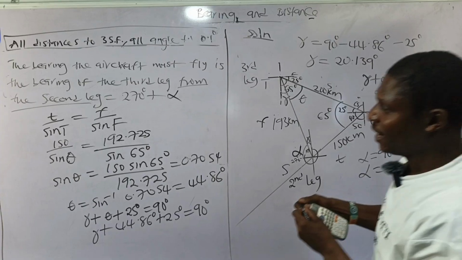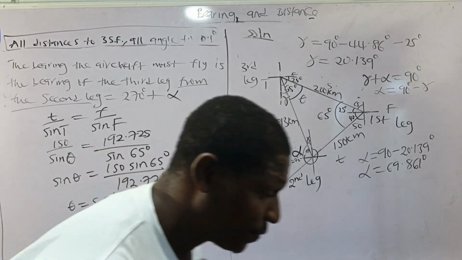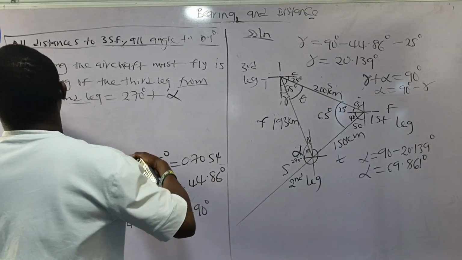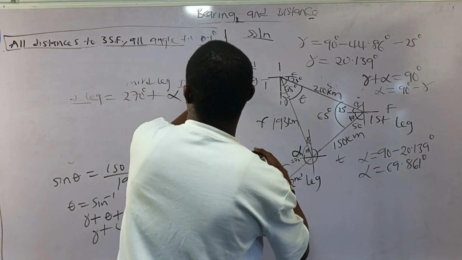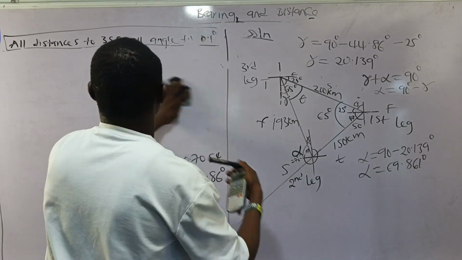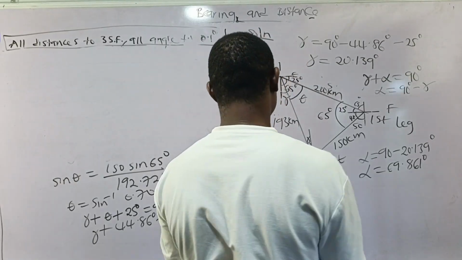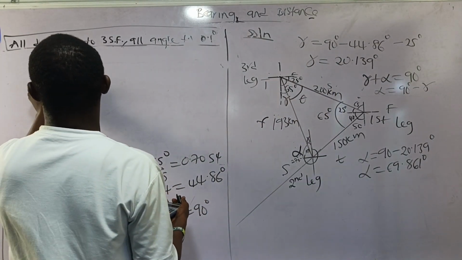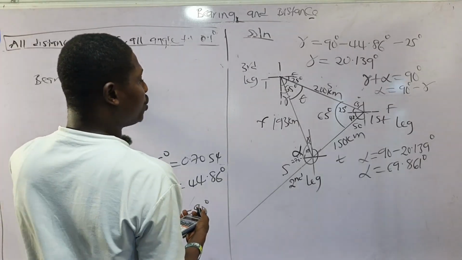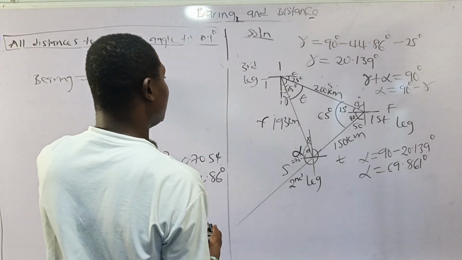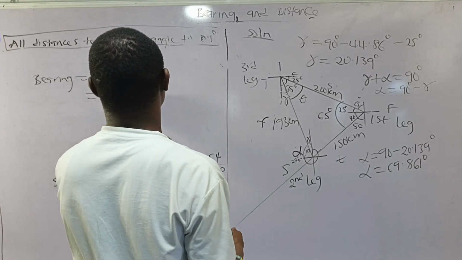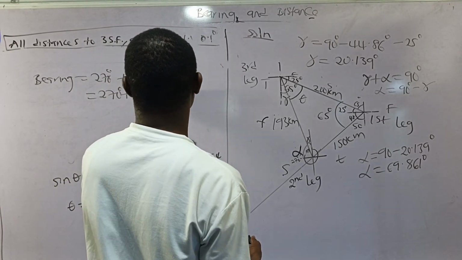Now I can simply say my bearing equals 270 degrees plus alpha, which is 270 degrees plus 69.861 degrees.